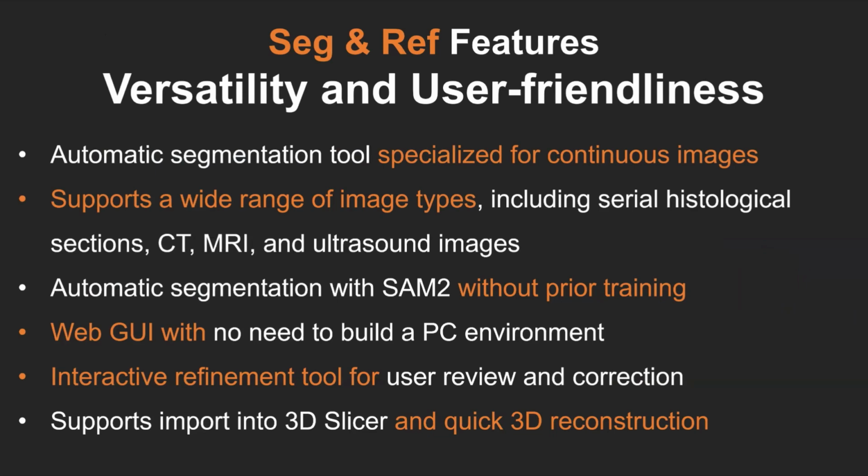The core of this tool is the Segment Anything Model 2, a segmentation model developed by Meta. This AI model has already been trained, so there's no need to train it using your own dataset. It is a ready-to-use automatic segmentation tool that does not require prior training.